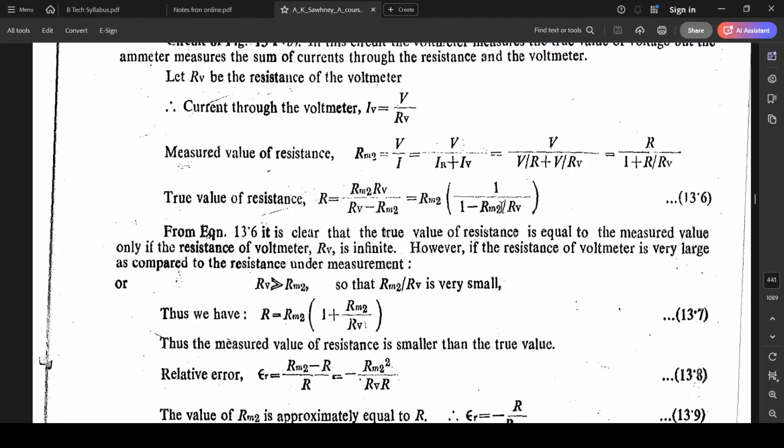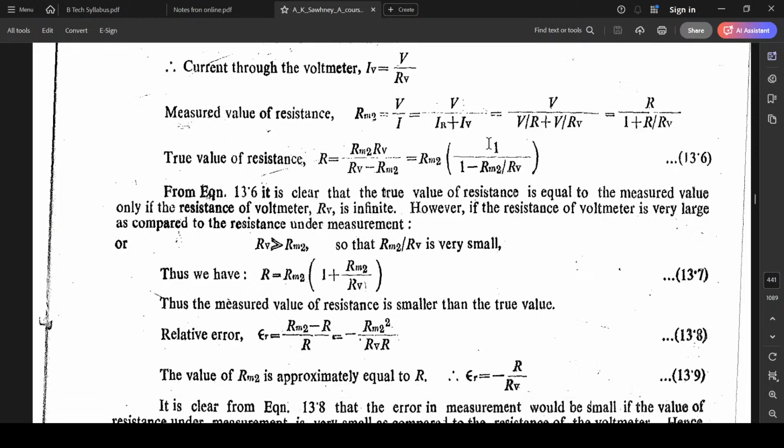So this should be infinite. However, if the resistance of the voltmeter is very large as compared to the measurement, RV is very big, so we will consider this as small upon very big, 0. So we will say 1 upon 1 minus 0, and it will become 1 only.